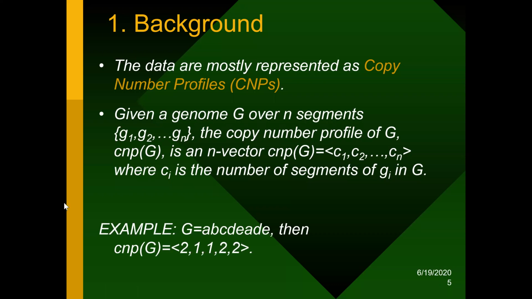As a very quick example, suppose this is genome G with 8 segments A, B, C, D, E, A, D, E. The corresponding CNP would be 2, 1, 1, 2, 2, which means I have 2 copies of A, 1 copy of B, 1 copy of C, etc.